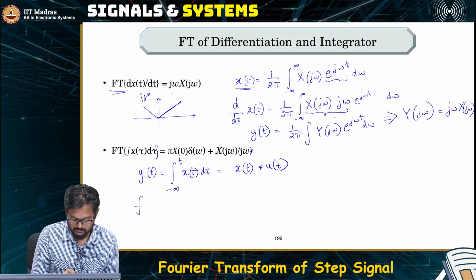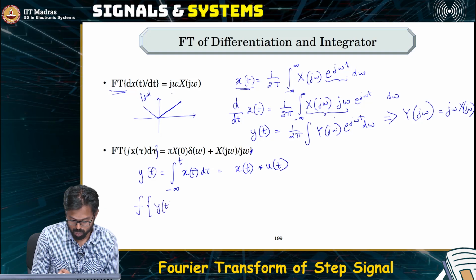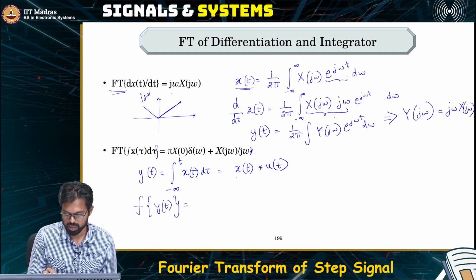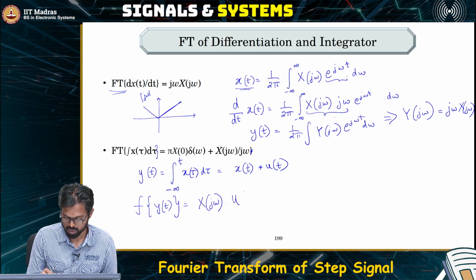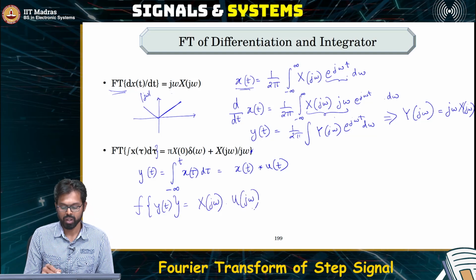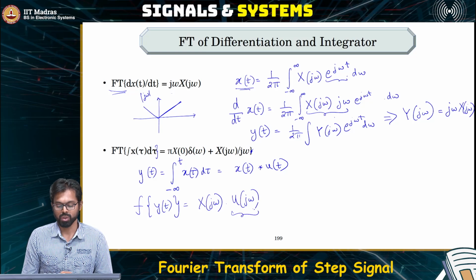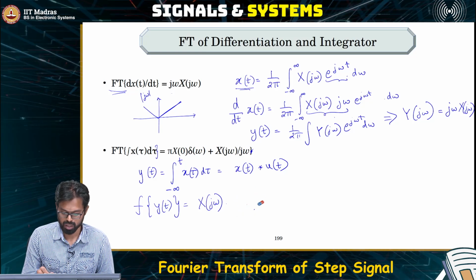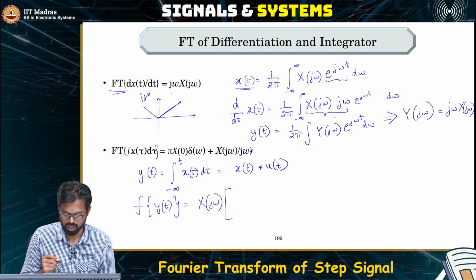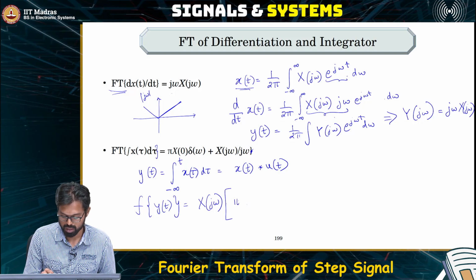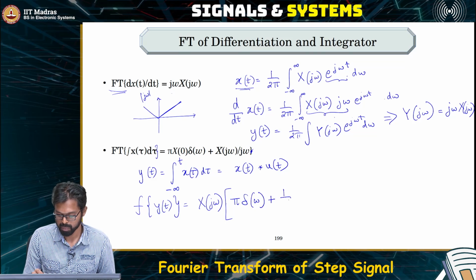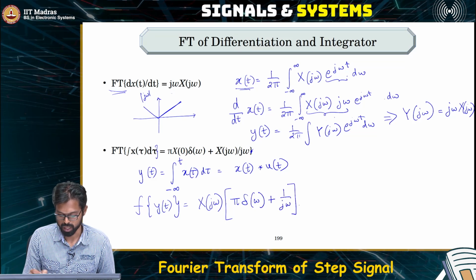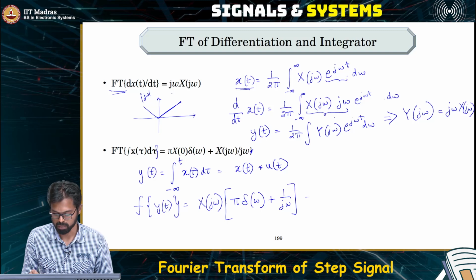Then what is the Fourier transform of y of t? It is the product of these two. And we already know the Fourier transform of u of t. We just derived it. The Fourier transform of the unit step function is pi Dirac delta omega plus 1 by j omega. All you have to do is simply multiply that.